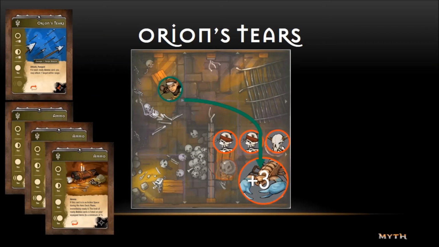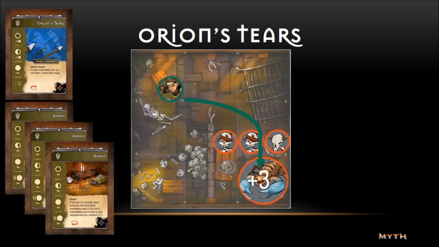I can shoot over the minions and into the captain, and assuming I rolled a successful dice pool, I will do 3 damage against that captain, 1 damage for each ammo card. And again, that damage is reflected on the Orion's Tears card itself.